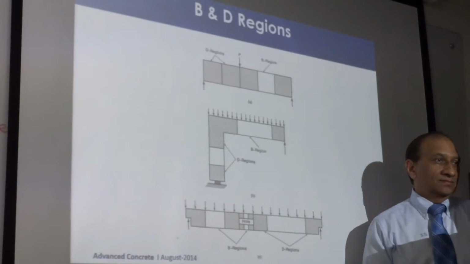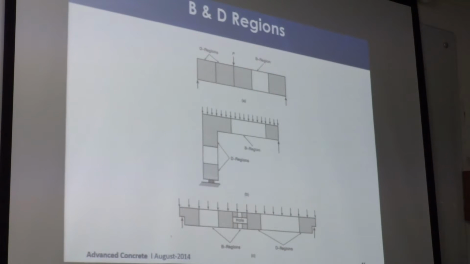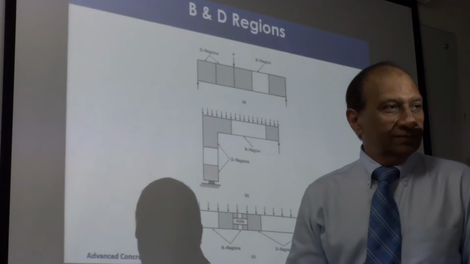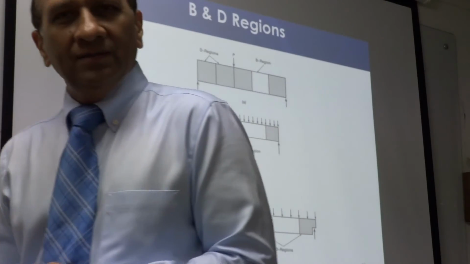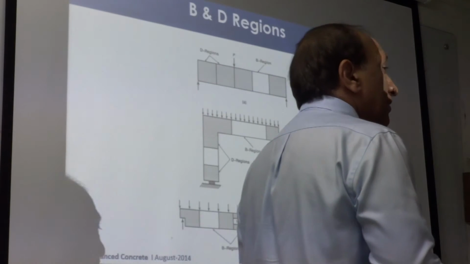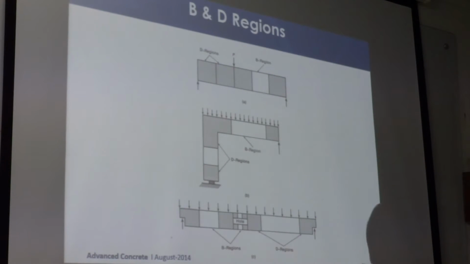B and D regions. You heard about these? Have you heard about the guy called Bernoulli? Bernoulli's theorem, Bernoulli's equation, Bernoulli's theory. Okay. Bernoulli's theory of concrete or section assumes plane sections remain plane, right? Which we already know is not true, but it's true actually in some portions, not true in some portions.